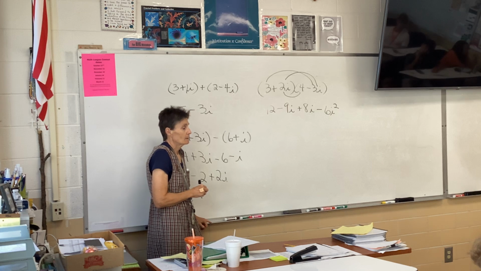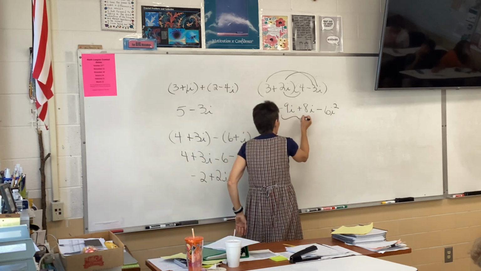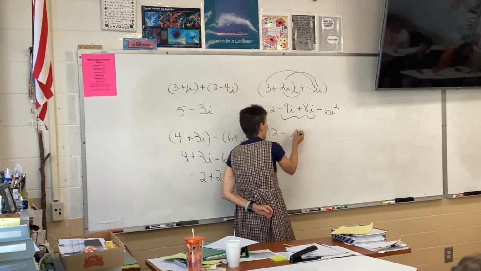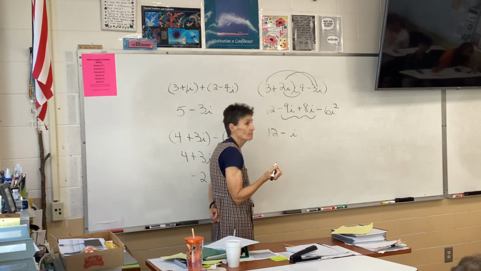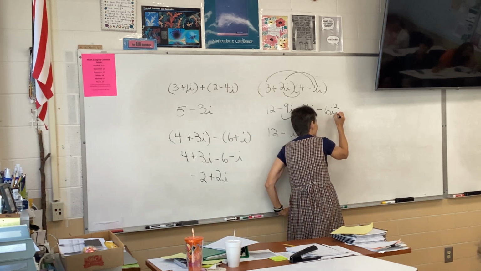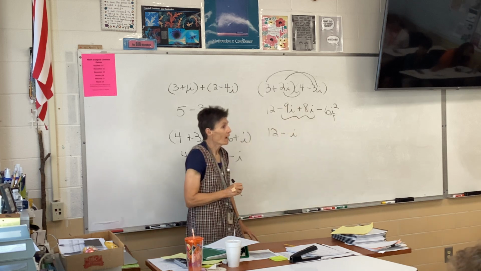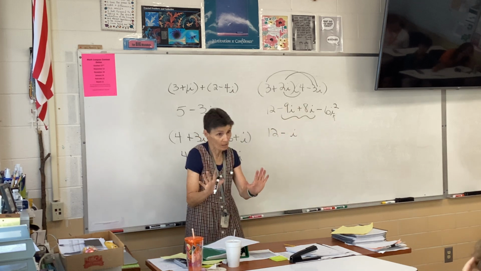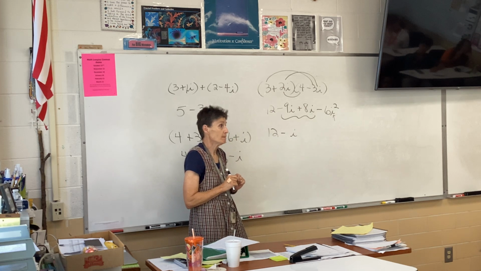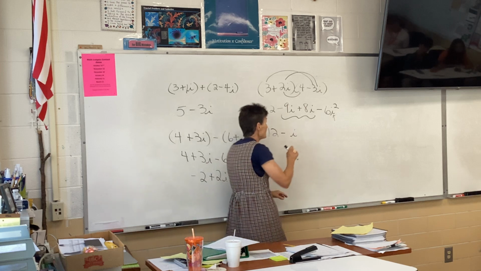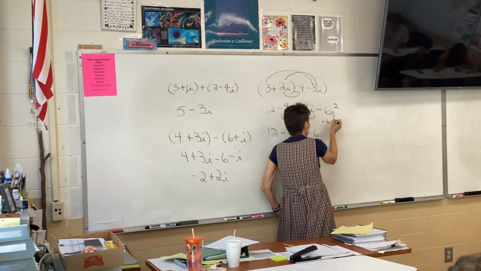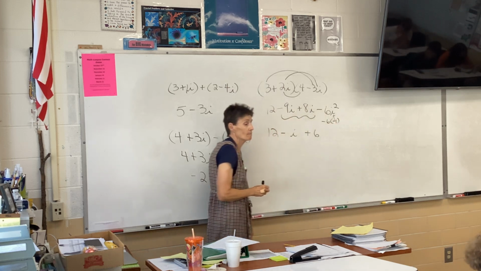Okay? Now, will these two add together? Yeah. So they're gonna make a negative 1i. Now, Willow's got a thought about this guy. We know that i squared is, or we're supposed to know, if we don't, now I'm telling you, i squared is negative 1. So this actually becomes plus 6 because it's negative 6 times negative 1.